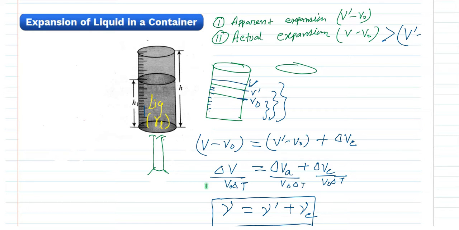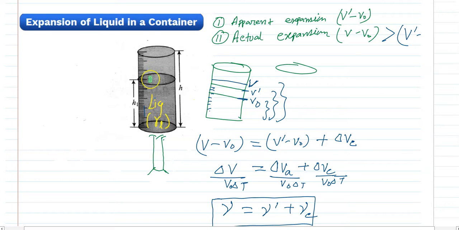So if we see how much the volume of the liquid increased, we cannot get the actual volume. We get the apparent volume, meaning the increment of volume of liquid with respect to the container. As the container is expanded, we get slightly less expansion of liquid.